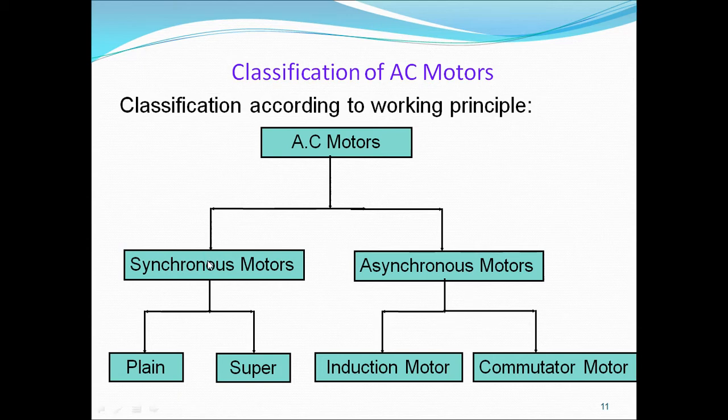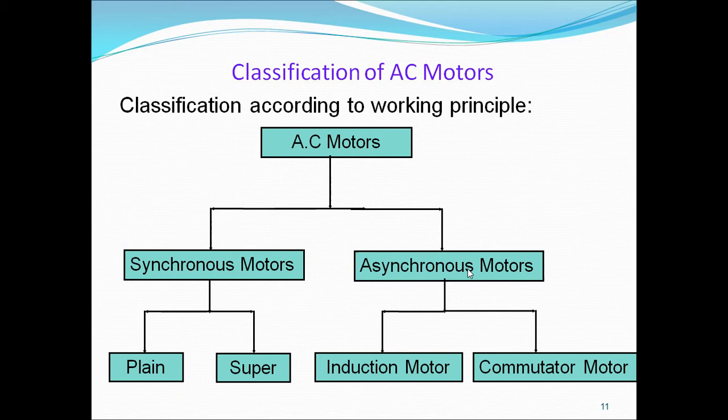The synchronous motor runs at a synchronous speed, and the asynchronous motors are motors whose speed changes depending on load, voltage, frequency, and other factors. That means asynchronous motors will never run at a synchronous speed.